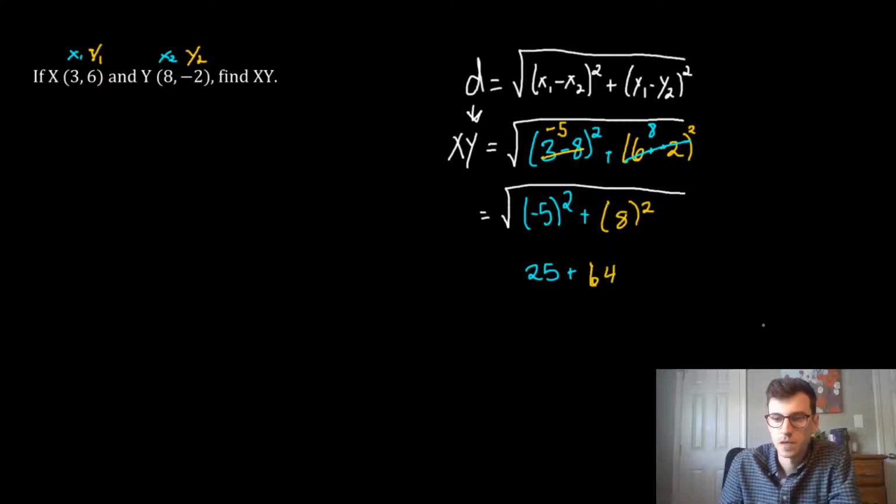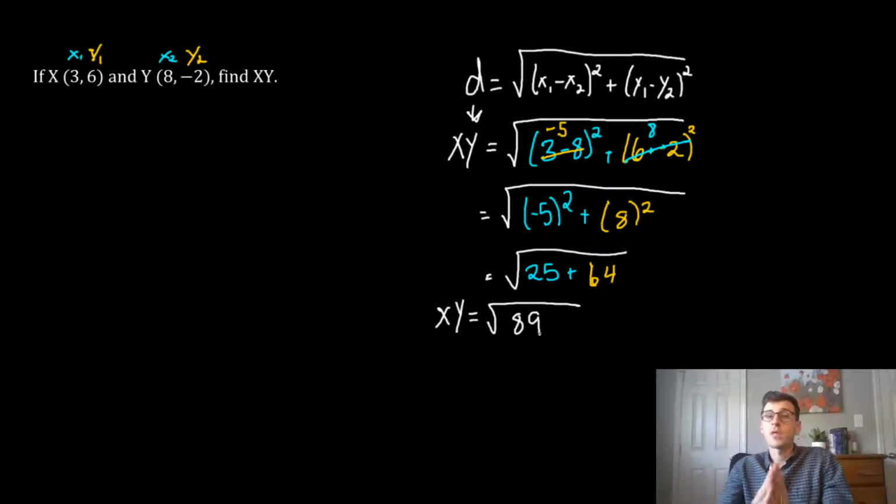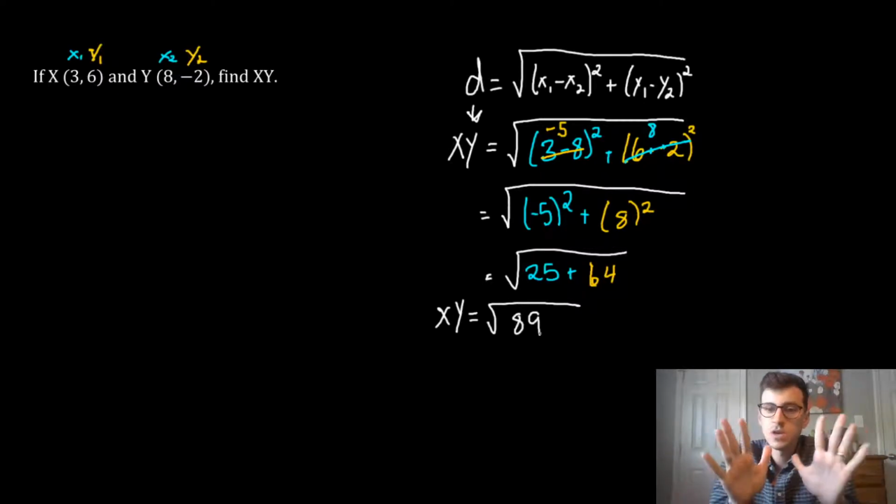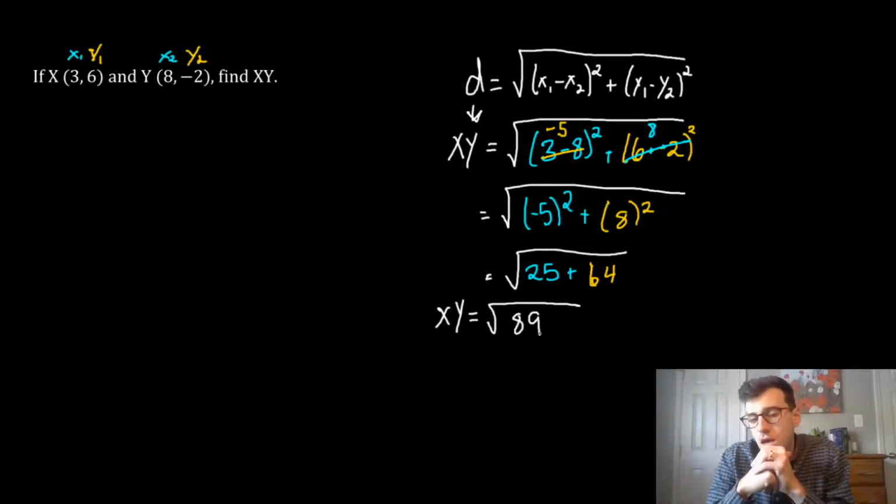So my answer is the square root of both of those added together, or XY is equal to the square root of 89. Now, normally I would say, wait, we're not done. We need to figure out what the square root of 89 simplifies to. However, for this problem, 89, no matter what you try to divide it by, you're always going to end up with a decimal, unless you divide it by 1 or 89.